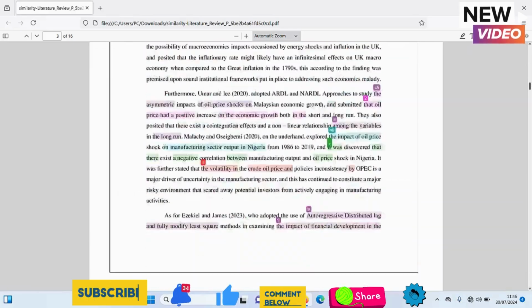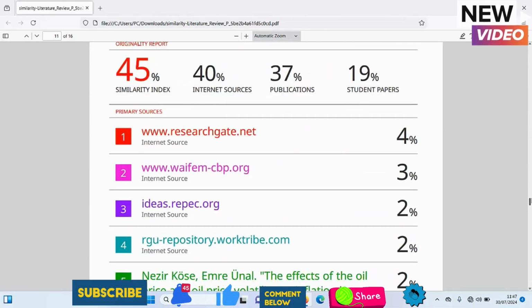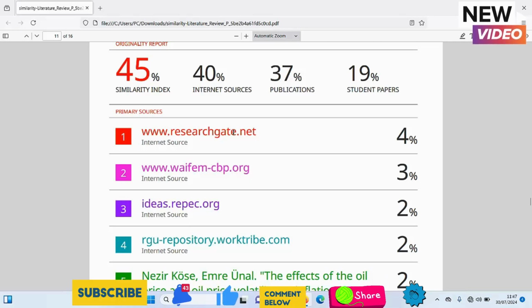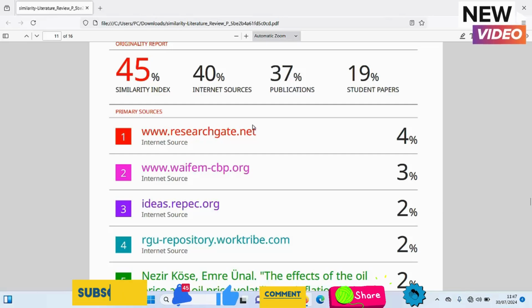You just need to scroll down and look at the sources. You can see this is number 1. If you click on this, assuming I'm in the Turnitin platform now, it will take me to the paper. Then I will be able to see the part of the paper that is similar to this particular paper.